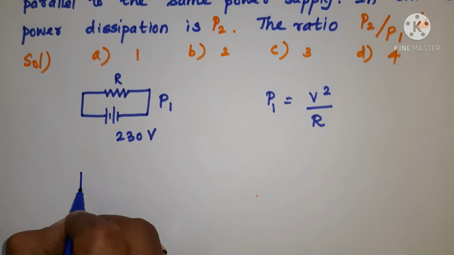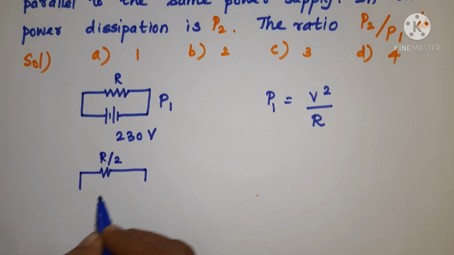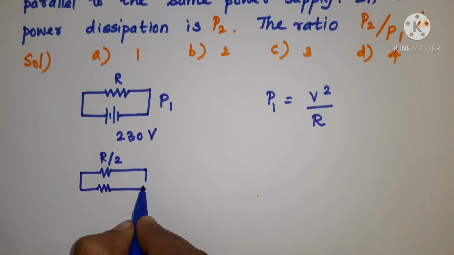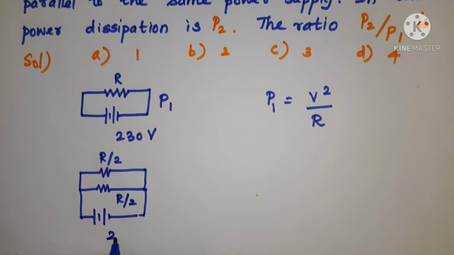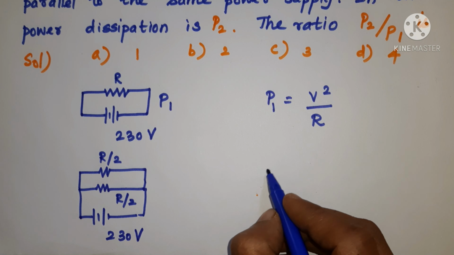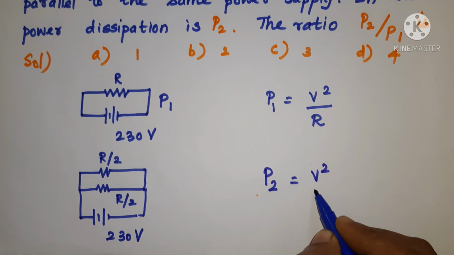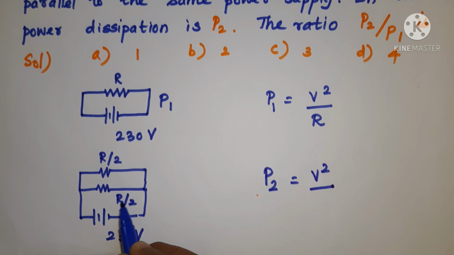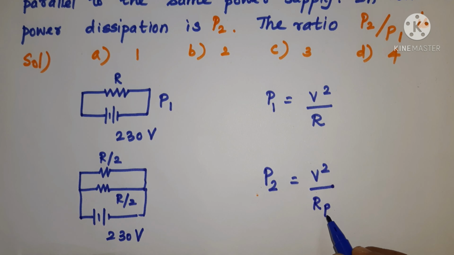So as it is cut into half, let me write that to be resistance R by 2, and here this to have a resistance R by 2, and then it is connected to a 230 volt power supply. So we have the power P2 is equal to V square divided by the equivalent resistance we have to find. So now let me write that to be the parallel resistance, Rp.